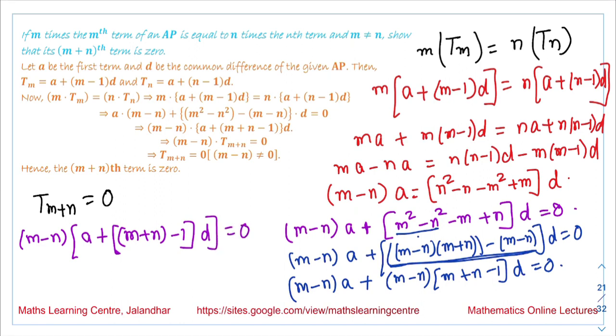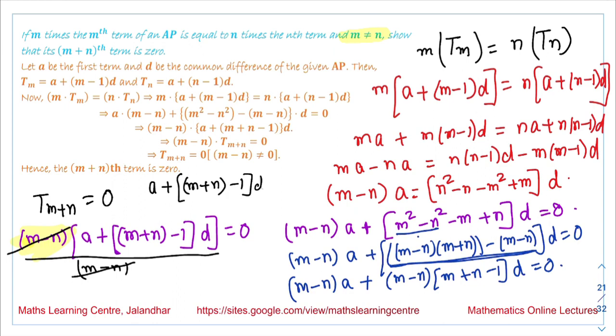Now it is given that m is not equal to n. It means we can divide this whole equation on both sides by m minus n. It is 0 over here, so this gets cancelled. So what we are left with is that a plus (m plus n minus 1) d is equal to 0, and this is the formula for the (m plus n)th term.